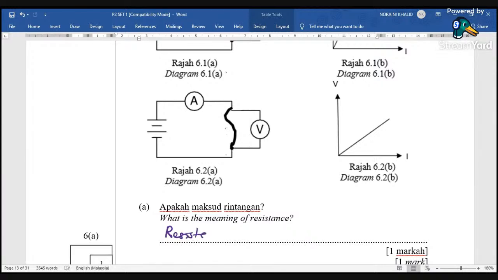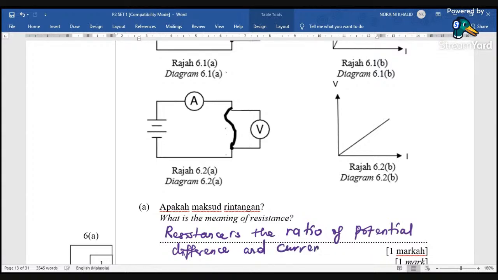Resistance is the ratio of potential difference to current. Resistance, voltage divided by current, or potential difference divided by current.